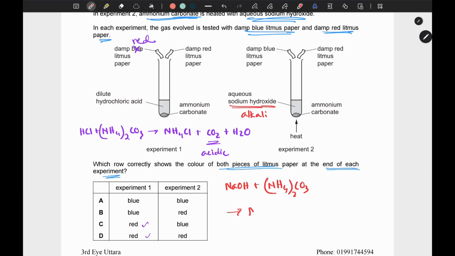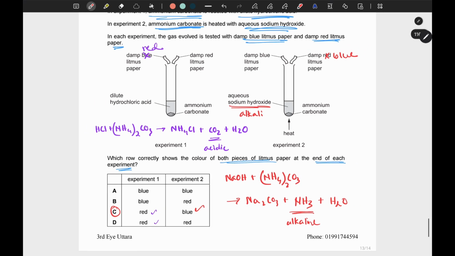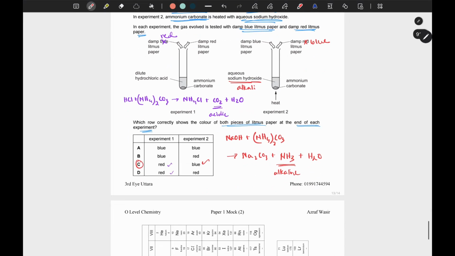So our products will be a salt, Na2CO3, plus ammonia gas plus water. So the ammonia gas is alkaline, and alkaline gases will turn damp red litmus paper blue. So in that case, the answer for this one is red and blue, so the answer should be C. And that is the entire paper.